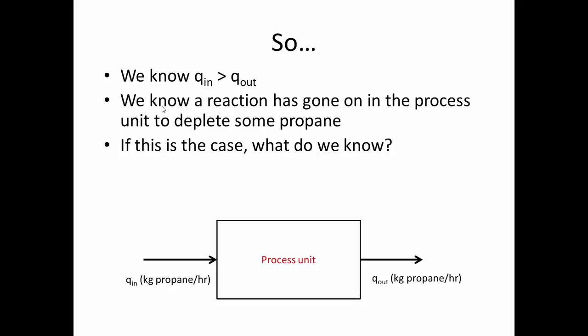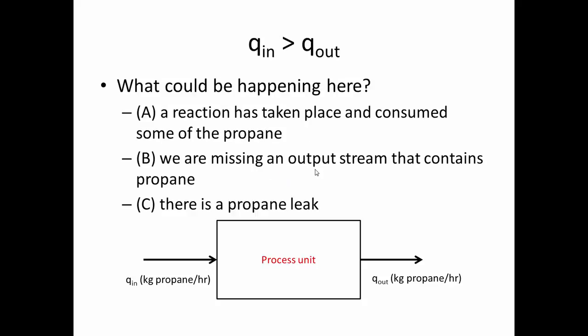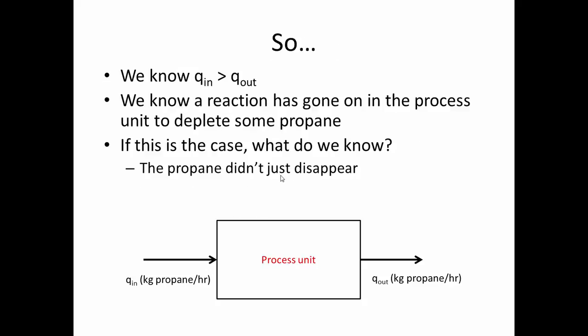So let's think about this. We know there's a difference between the amount of propane going in and the amount of propane going out. We know a reaction has gone on to deplete some of the propane. But if this is indeed the case, what do we know about that? The propane didn't just disappear. So what could be happening here?